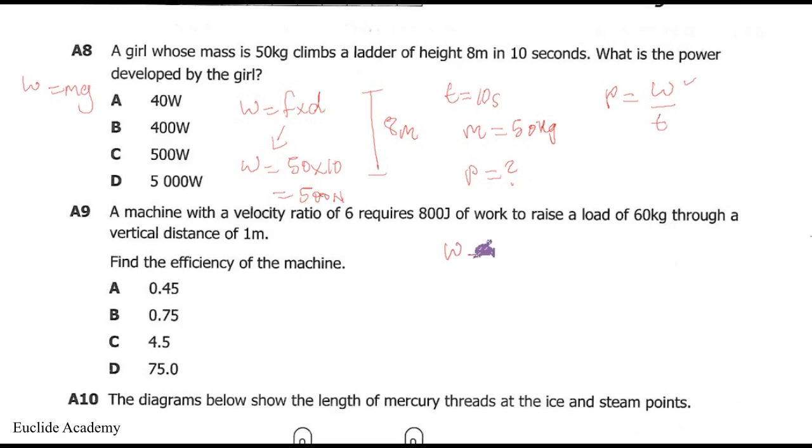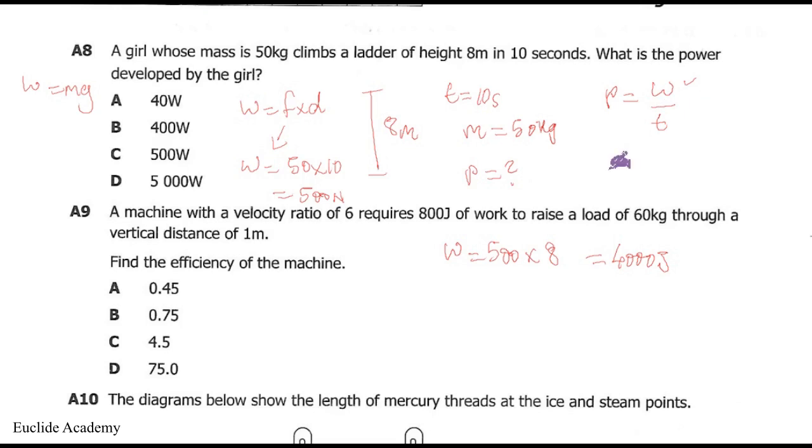So her work is equal to force, which is 500, times the distance she had to climb, 8 meters, which gives us 4,000 joules, because 500 times 8 gives us 4,000.